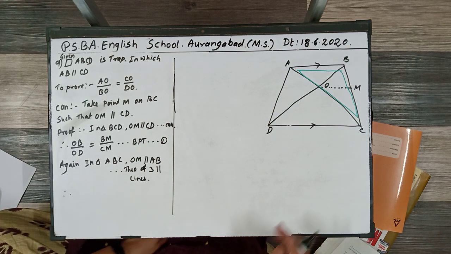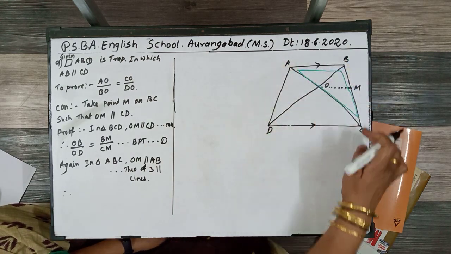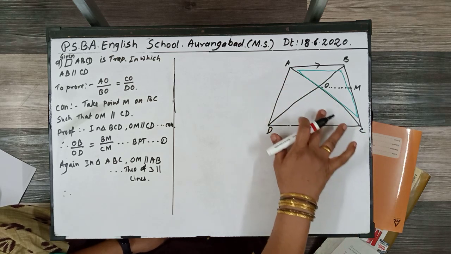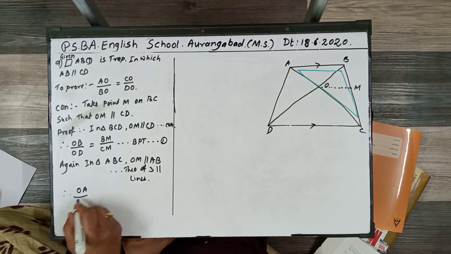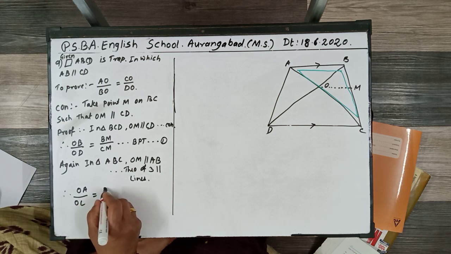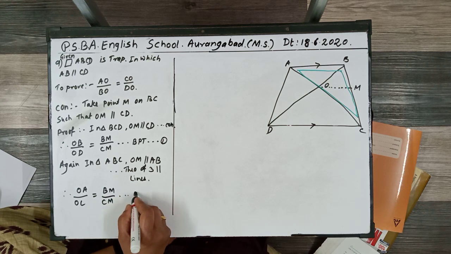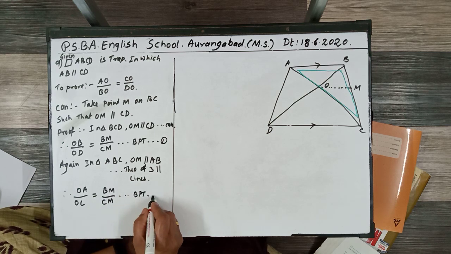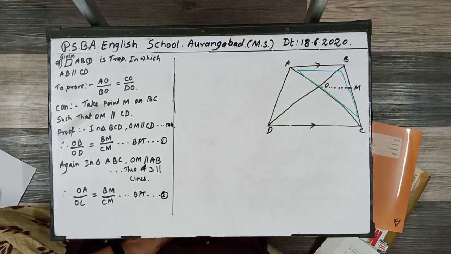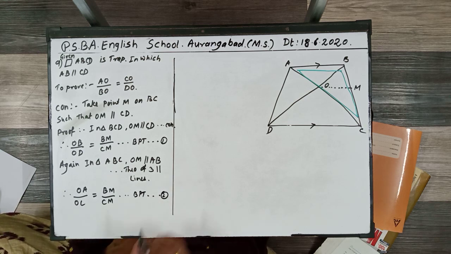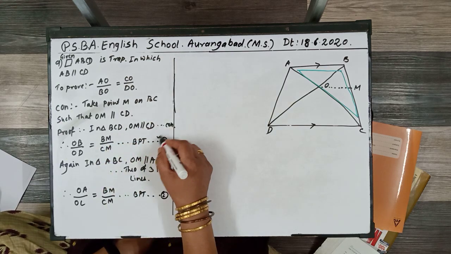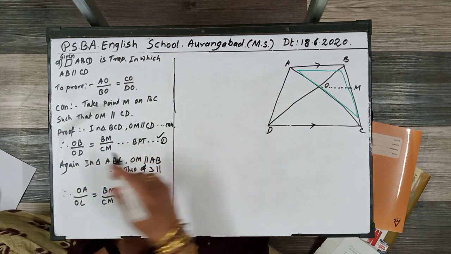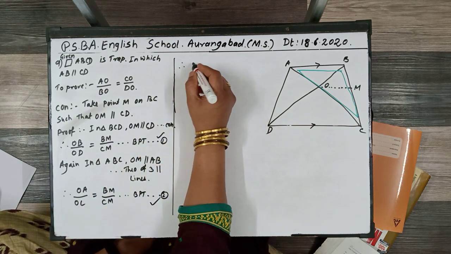Therefore, now consider triangle OABC. OA upon OC will be equal to BM upon CM. Again BPT, and it will be statement number 2. Correct? Therefore, from 1 and 2 we have, the right hand side is the same, so the left hand side has to be the same.